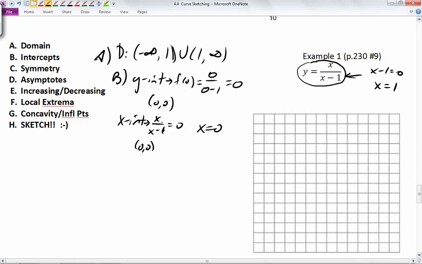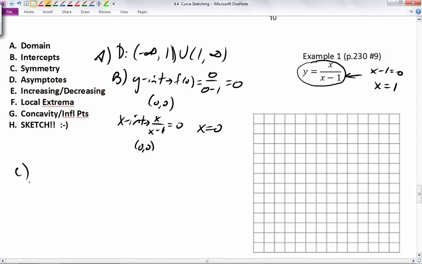There's no other x values that make the numerator 0. And when we plug in 0 for x, we see that the denominator is not 0. So that still is exactly what we need it to be in order to say that 0, 0 is our only x-intercept. Okay, so far we found one point, the origin. That's both our y-intercept and our only x-intercept.